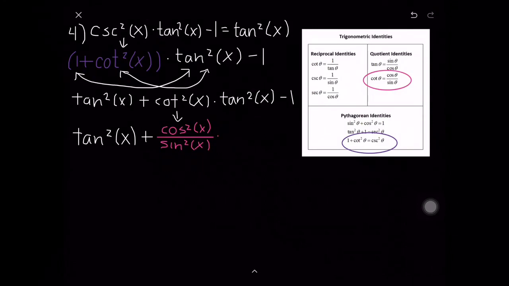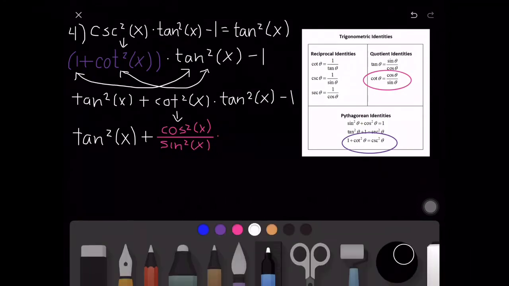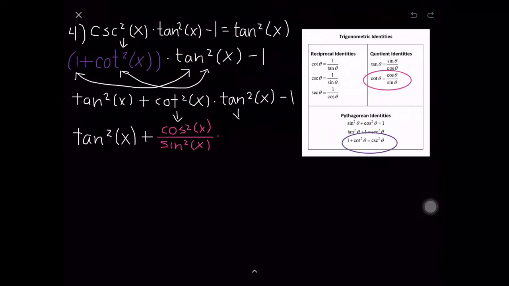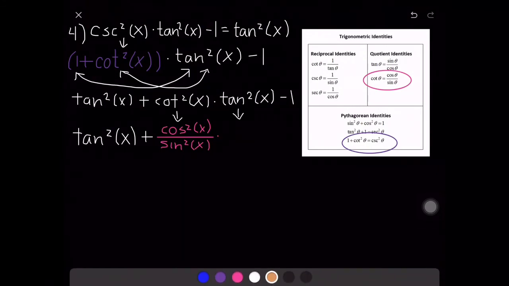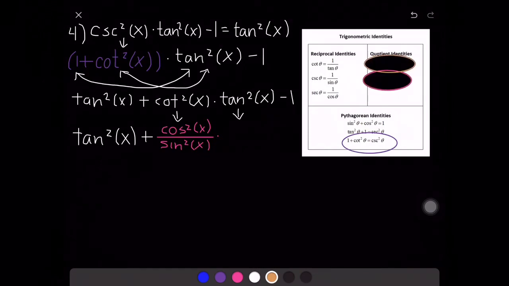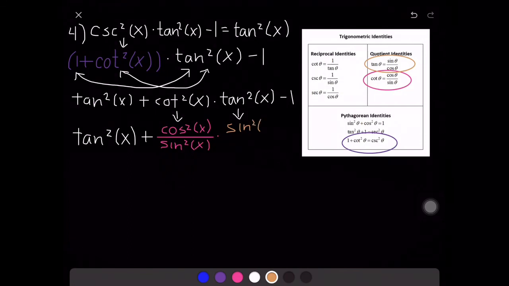Then remember that tangent of x equals sine of x over cosine of x. As you see, we're circling it right here, which means that squared tangent of x is equal to squared sine of x over squared cosine of x. And again, don't forget to write the minus 1.